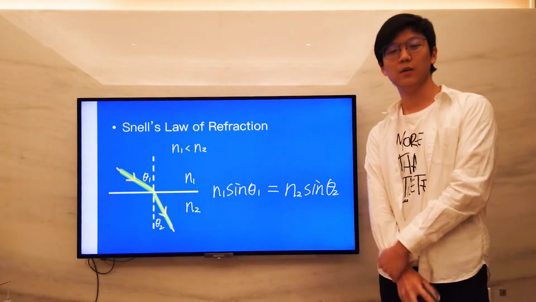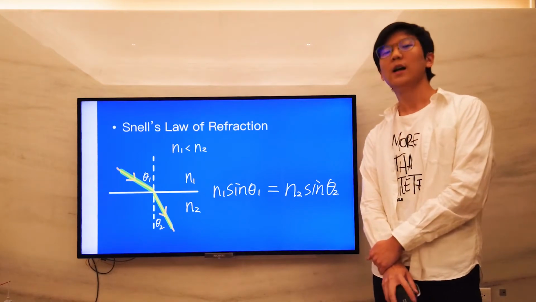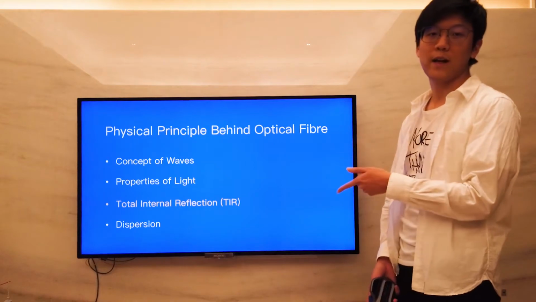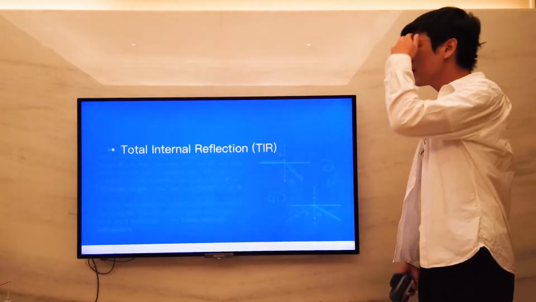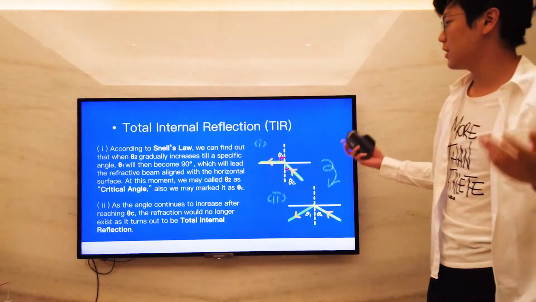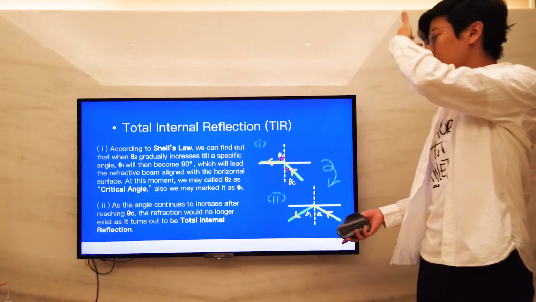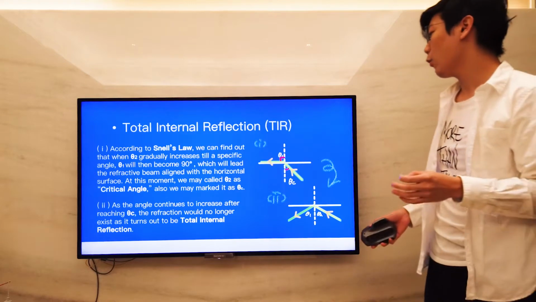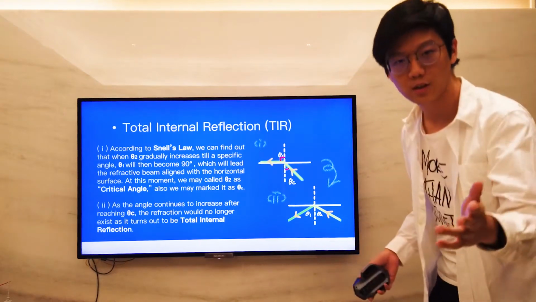Okay, after we learn about Snell's law, let's talk about today's key point, total internal reflection. According to Snell's law, when theta 2 gradually increases, theta 1 will finally become 90 degrees.